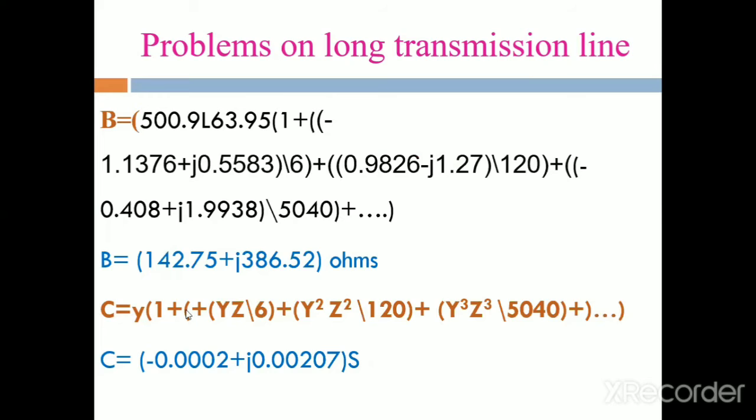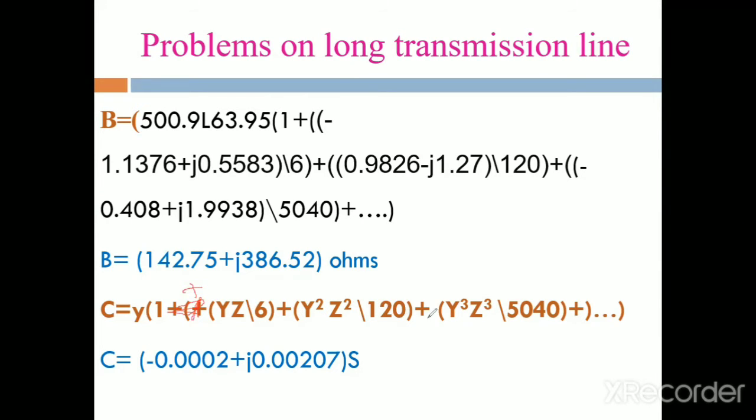1 plus YZ by 6 plus Y square Z square by 120 plus Y cube Z cube by 5040 plus and so on.